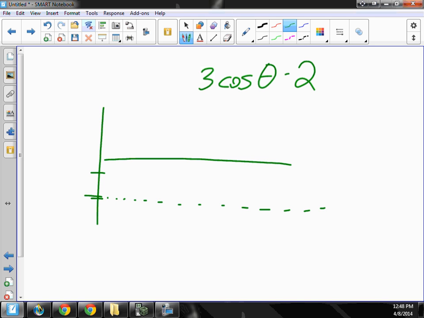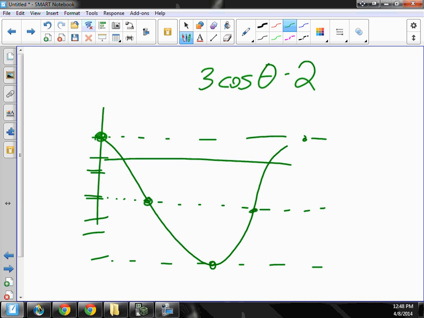So there's my center, 1, 2, 3. 1, 2, 3. And then that's my cosine curve. Does that make sense? Okay, I want you to graph these by hand, and then you can check them in your calculators. But it's good to know how this transformation works.